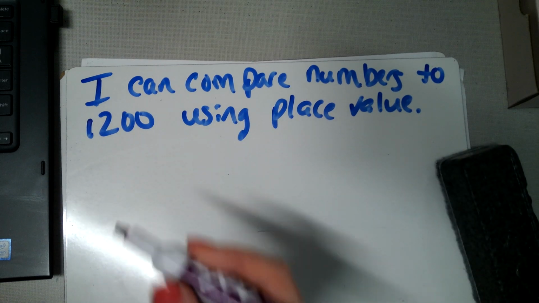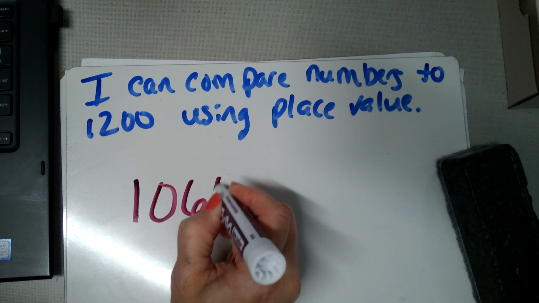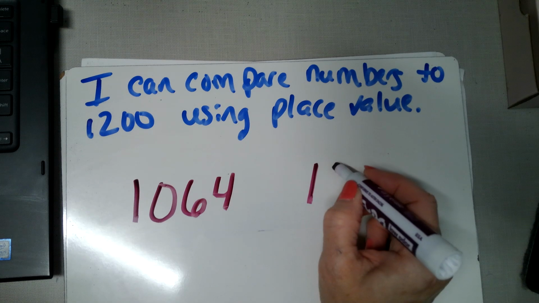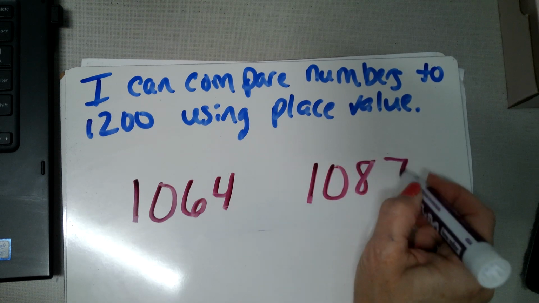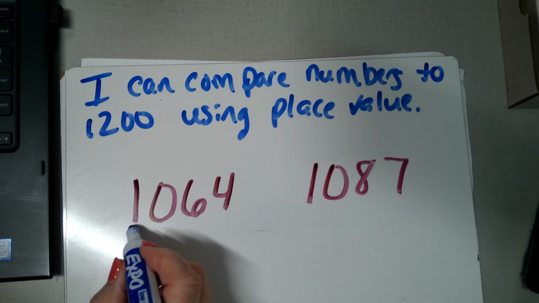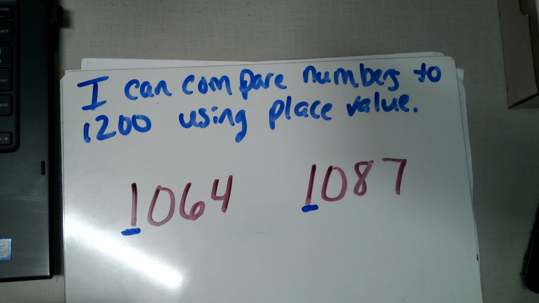Let's try another one. If I had the number 1,064, and then I had the number 1,087. If I'm comparing these two numbers, I start at my place furthest to the left. This one has 1,000 and this one has 1,000. That's the same.